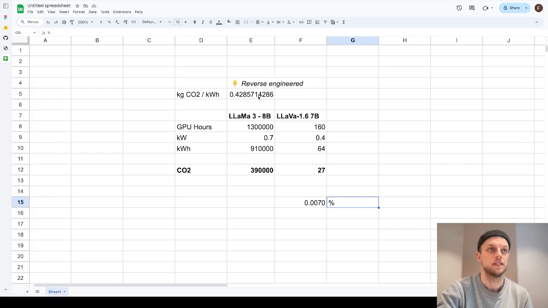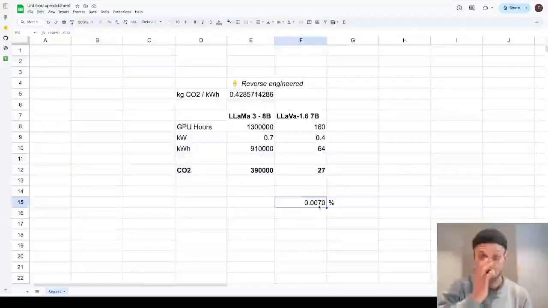So comparing these against each other means that if you take the 1.3 million GPU hours at 0.7 kilowatts, it gives this much CO2. While if you take 160 hours at 0.4 kilowatts, you get 27 kilos of CO2 emission. So that's like 0.007% of the CO2 emission to get one of these visual language models.